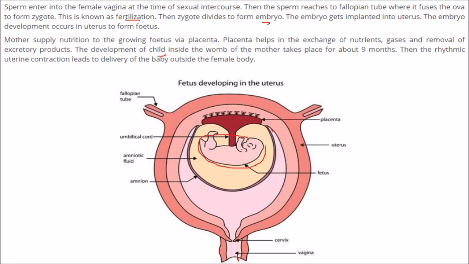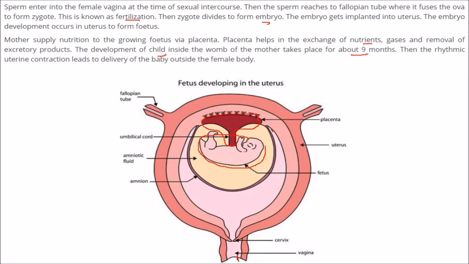So the fetus is formed from the embryo, and now the mother is supplying nutrition to the growing fetus using the placenta. This is the placenta. And the placenta helps in the exchange of nutrients, the gases, and the removal of excretory products. The development of the child inside the womb of the mother takes around 9 months to complete.